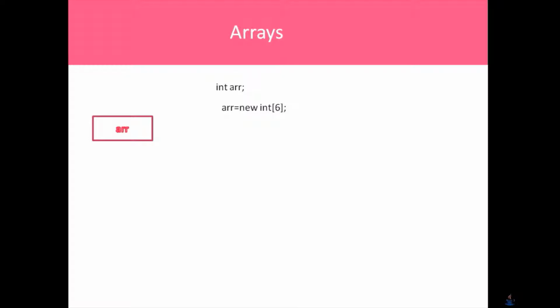So we need to initialize it just like that. Now, why do we initialize just like that? The new keyword refers to something. And in that case, it refers to an array that consists of 6 blocks. Now, in those 6 blocks, we can store 6 data.